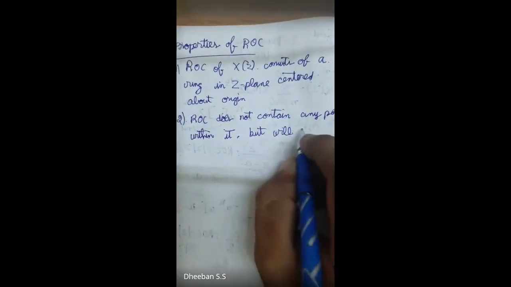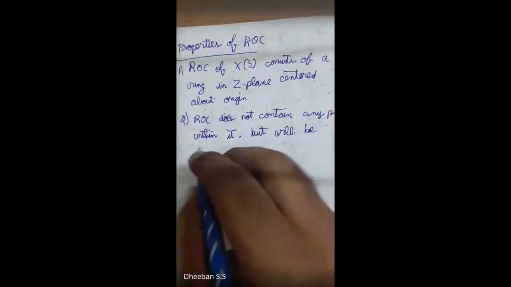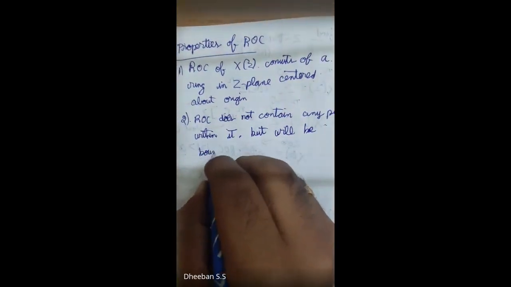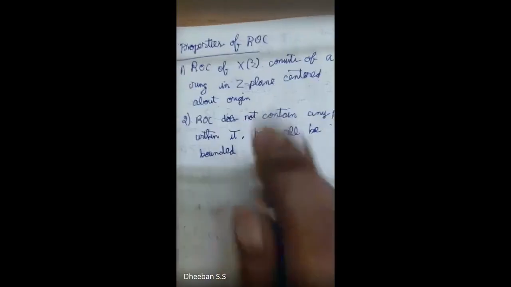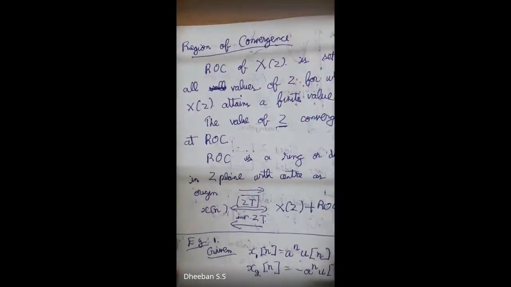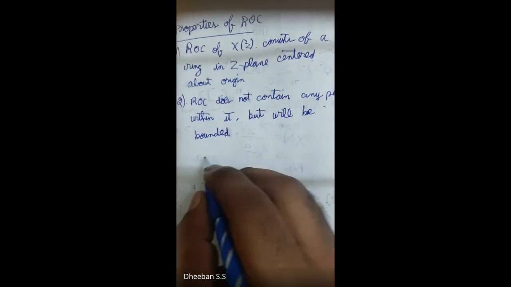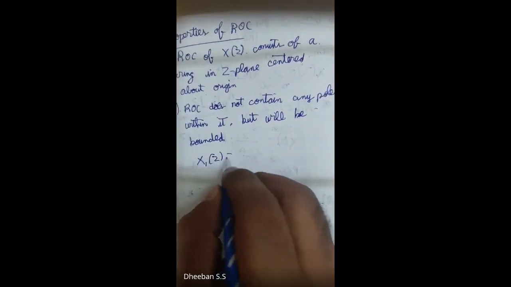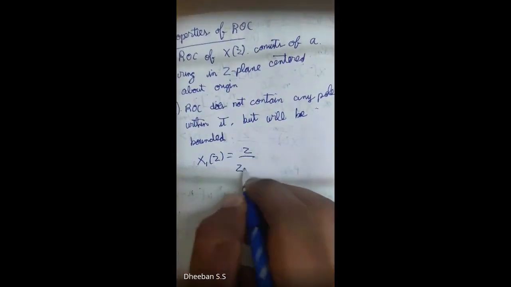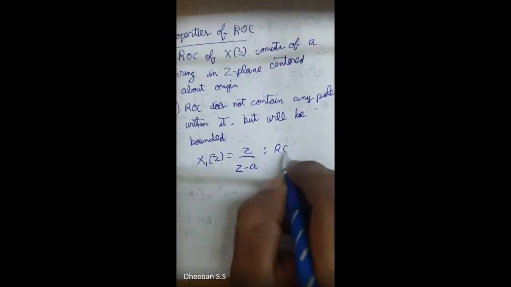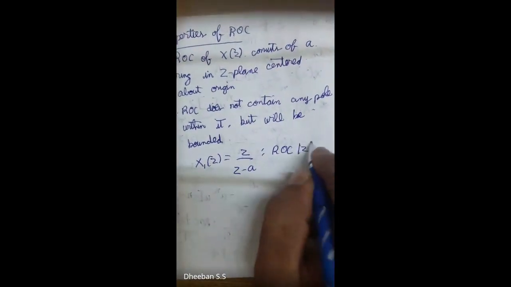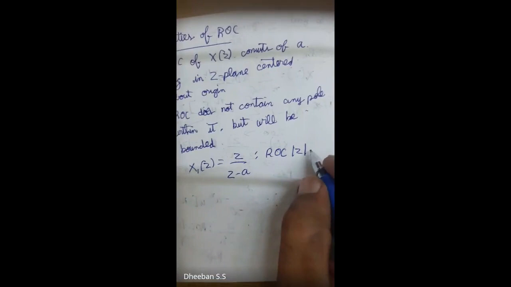I have been repeatedly saying ROC, so what is ROC in general? Take the previous one, x1 of z, which is z by z minus a. I said the ROC for this is modulus of z greater than a.